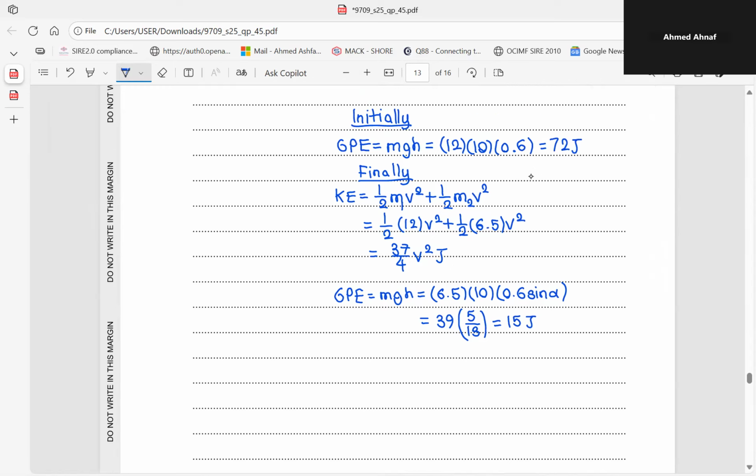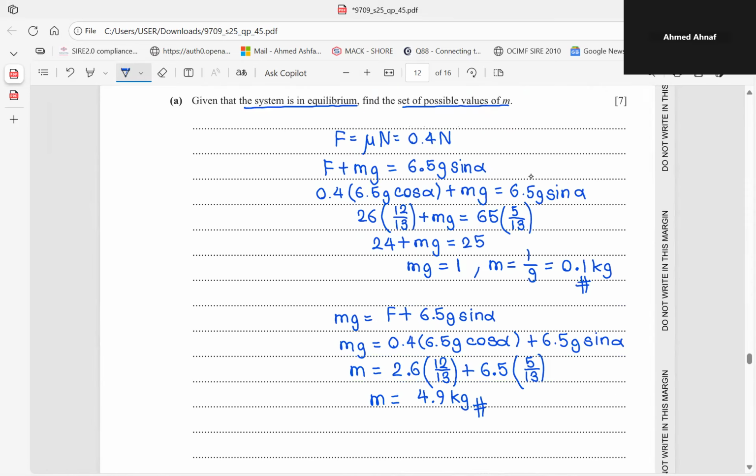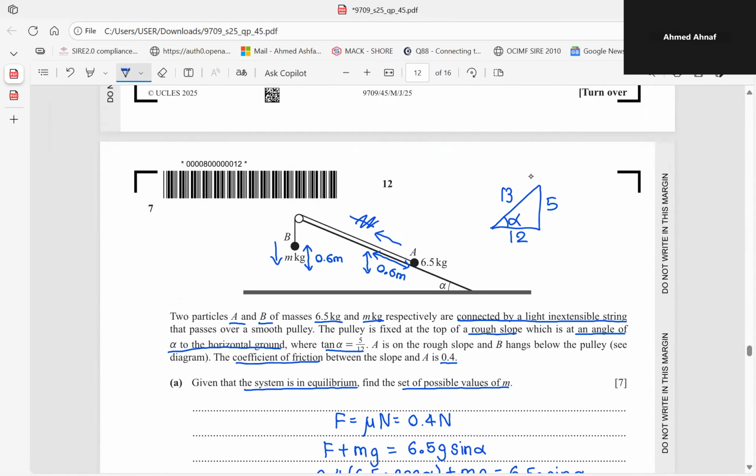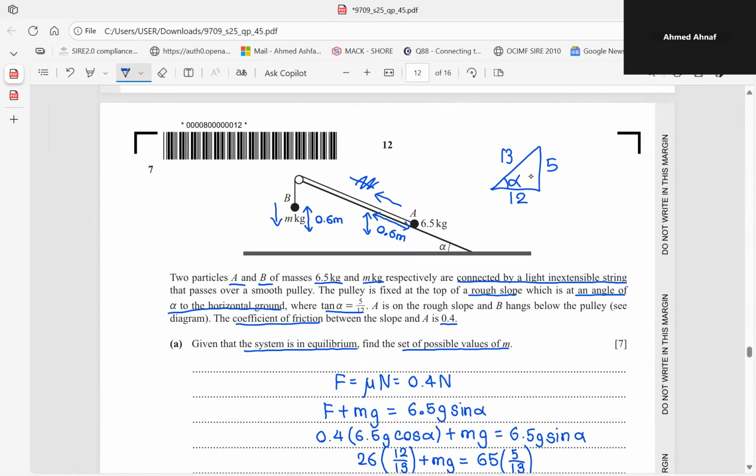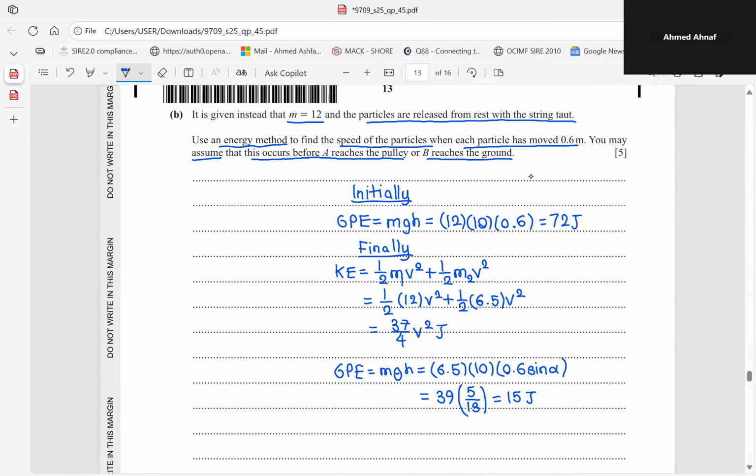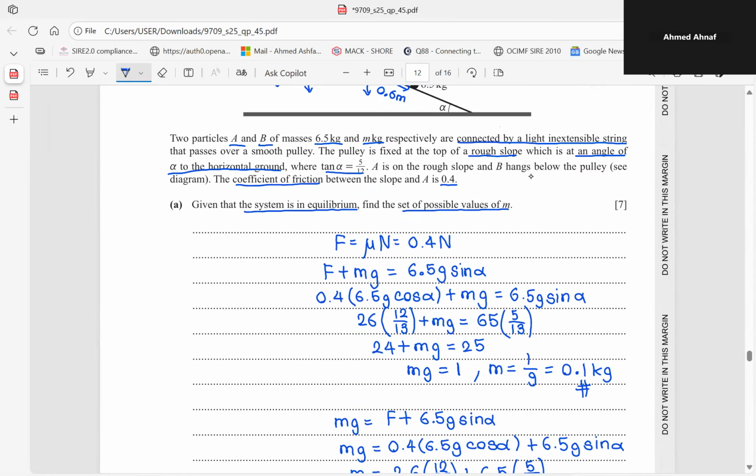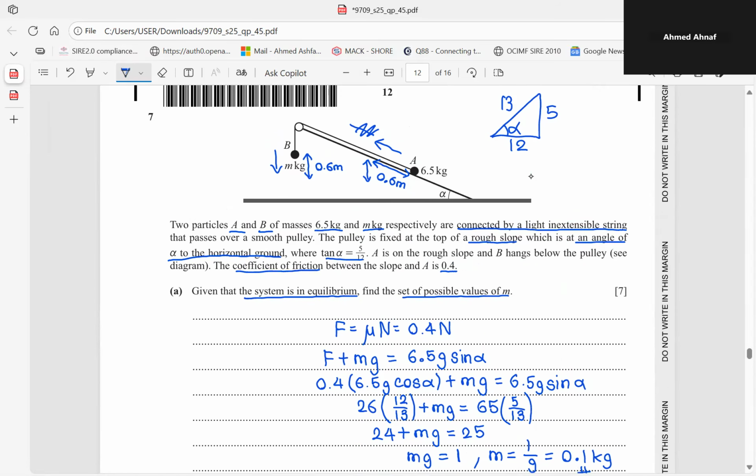Okay, so what else do we have? Obviously, there is work done against the frictional force when A moves up.